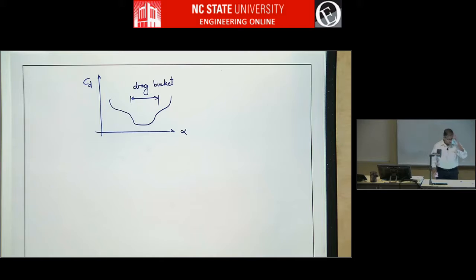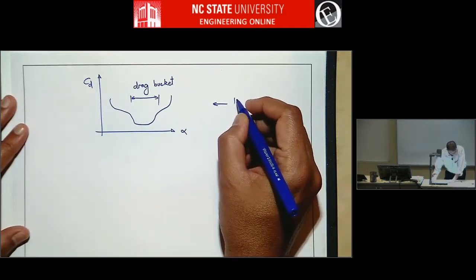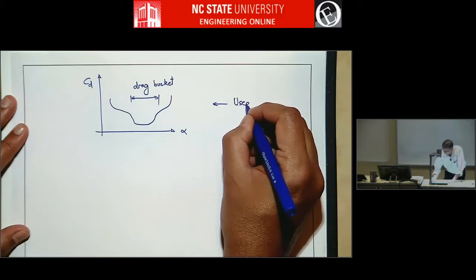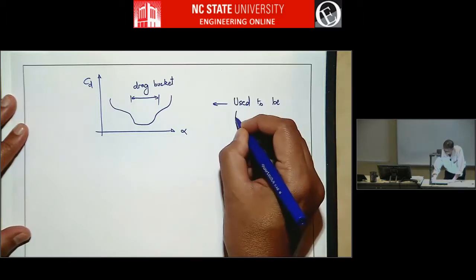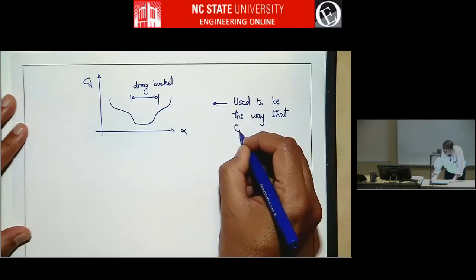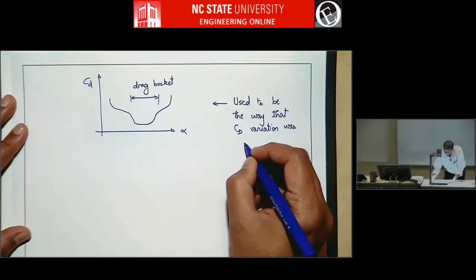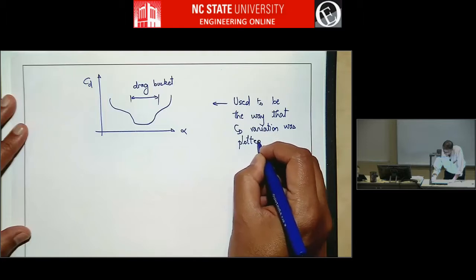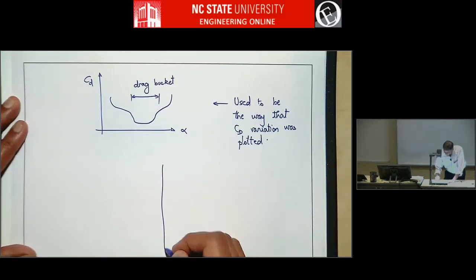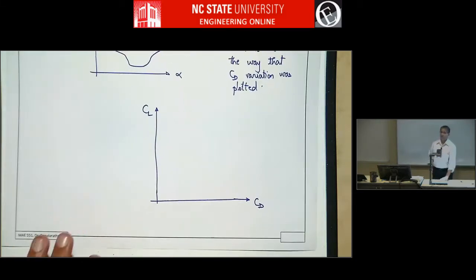But the modern approach is like this. It's a lot more useful in aeronautics to plot things against CL rather than alpha.